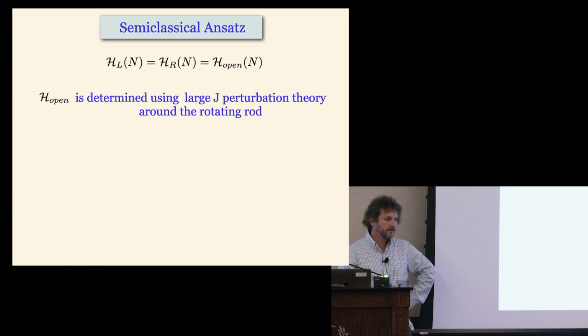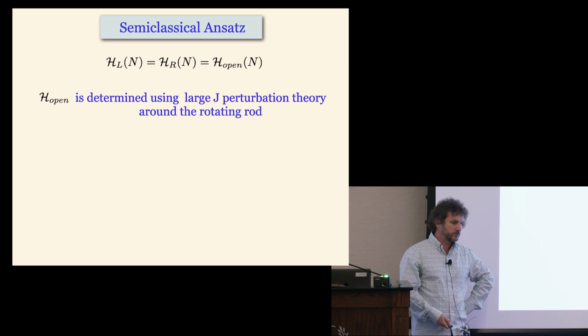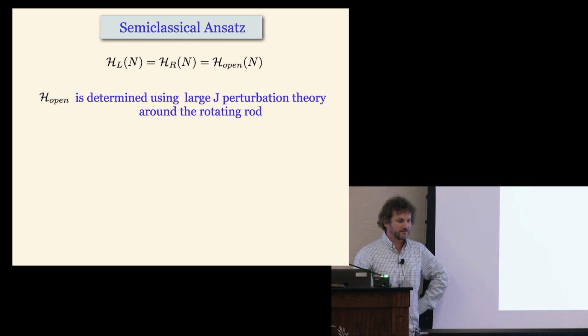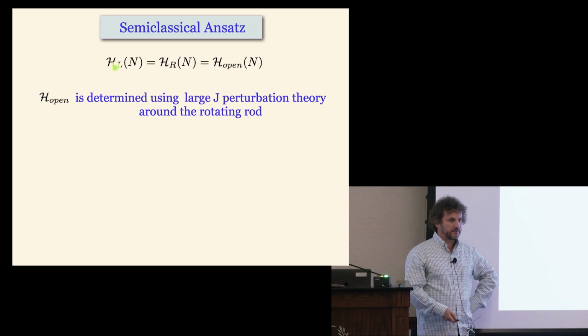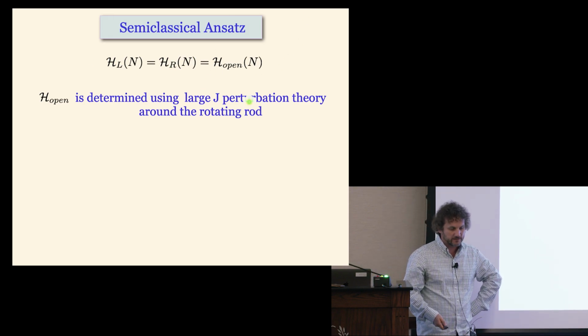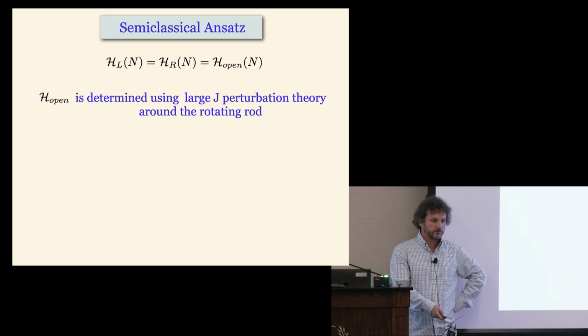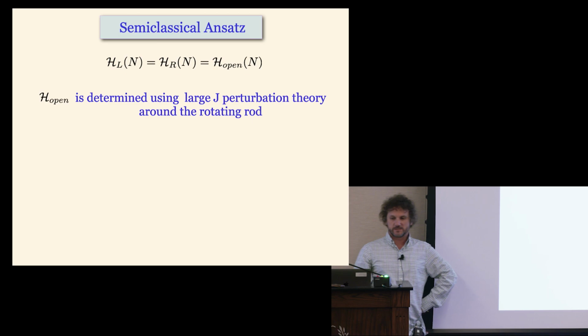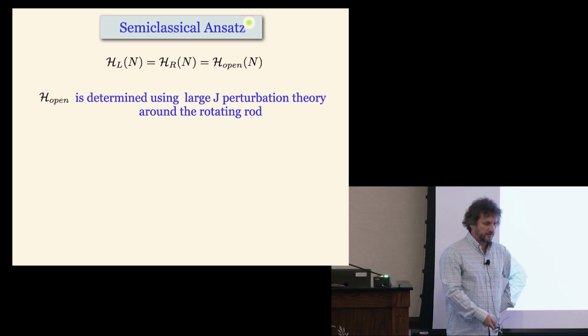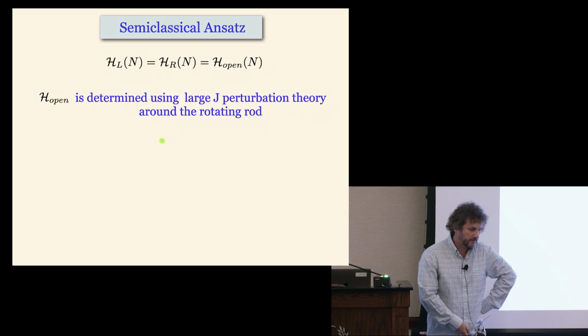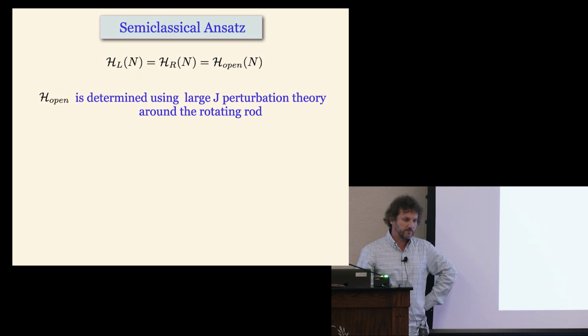However, we made another step which relates to what I was describing in the beginning. Namely, we said, well, let's assume that just like in critical string theory, these left and right mover states, these Hilbert spaces which you need to tensor square, correspond to Hilbert space of open strings. And the way we determined this open string Hilbert space is using large J perturbation theory.